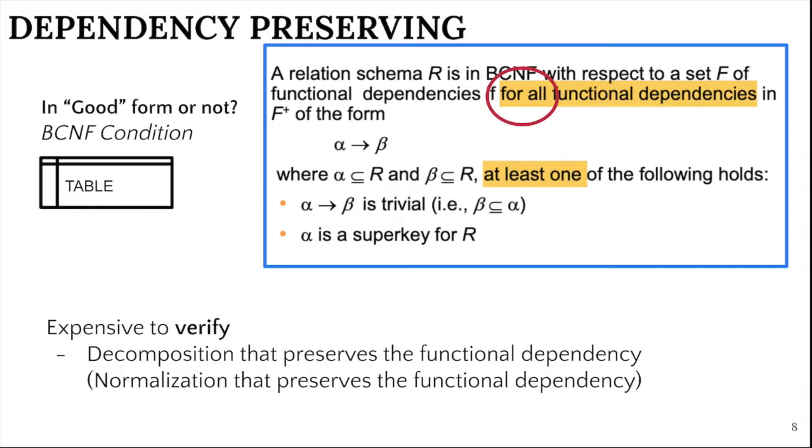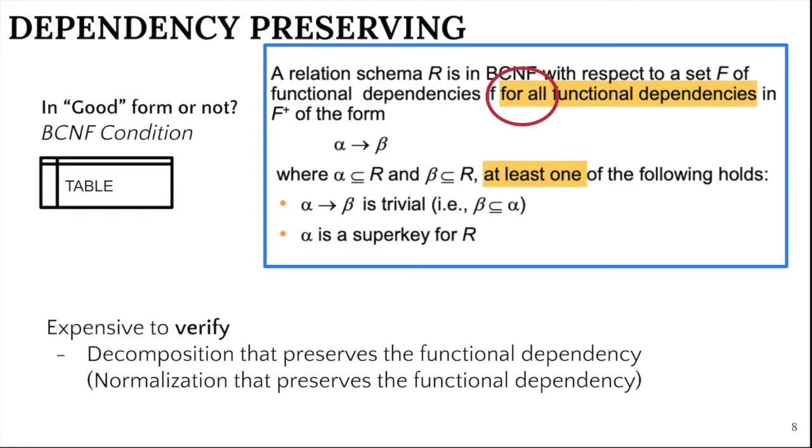So the idea of dependency preserving was already discussed in the first video. However, I'm not very satisfied with my explanation there, so I will explain it again. If you wanted to say that a particular table is in good form, imagine all the hassle of checking all possible functional dependencies in F+, and then showing that none of them is violated.